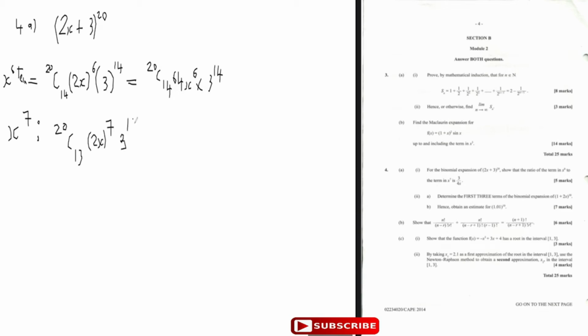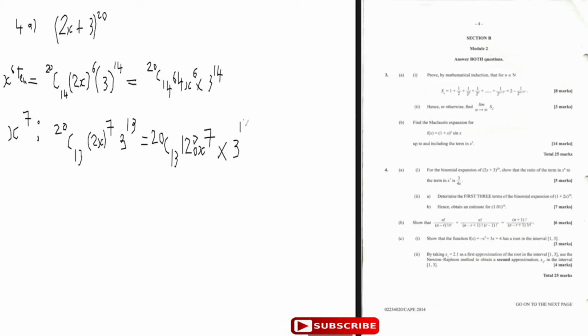All right, that's going to equal 20 choose 13 times 2 to the 7th, which is 128, so 128x to the 7 times 3 to the 13.